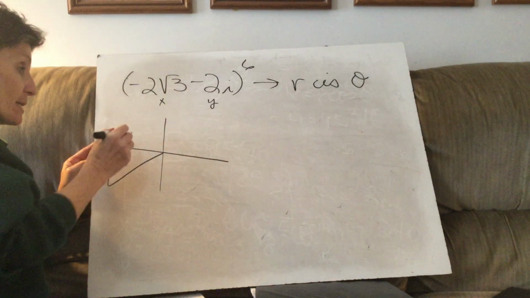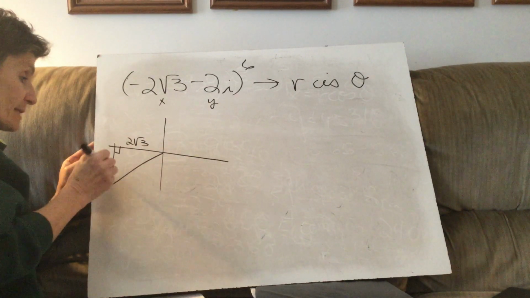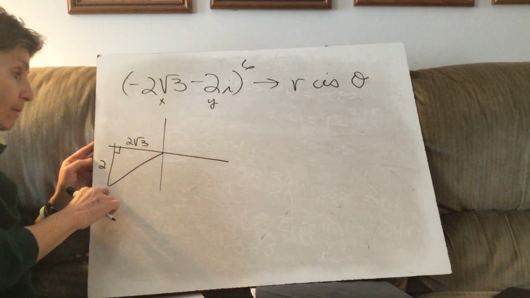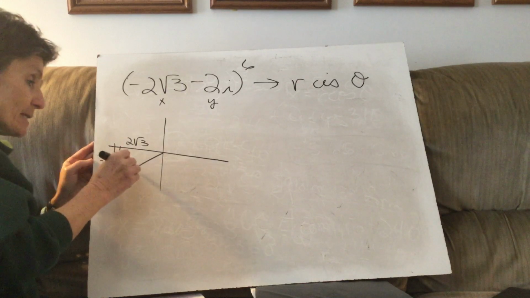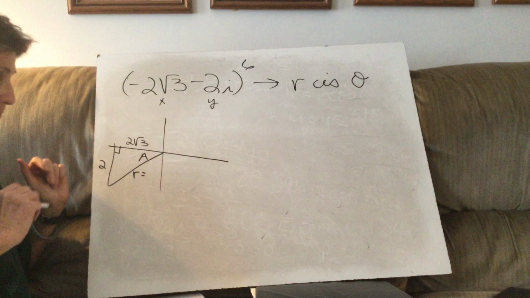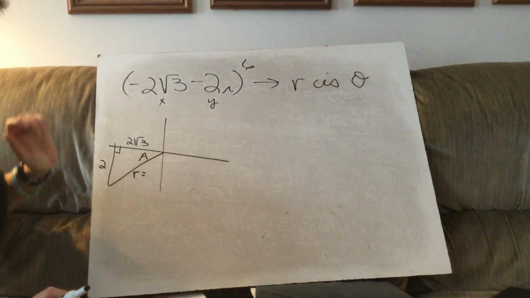I'm going 2 root 3 left, and down 2. This is x, this is y. Left and down. Now I need to find r and angle A. I always need to find the angle inside the triangle at the origin.